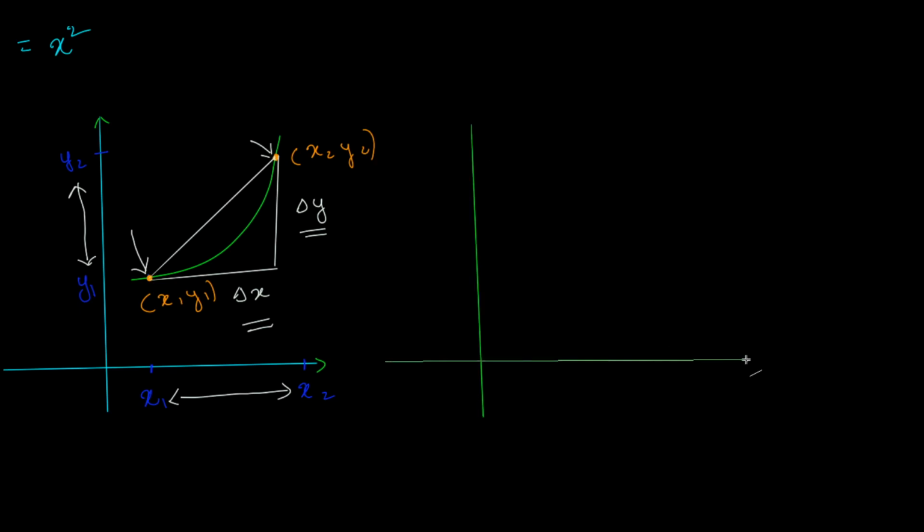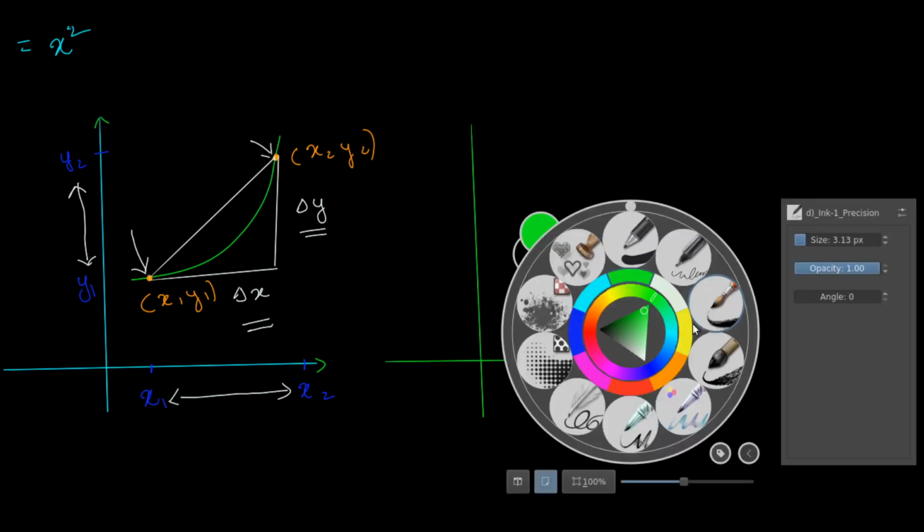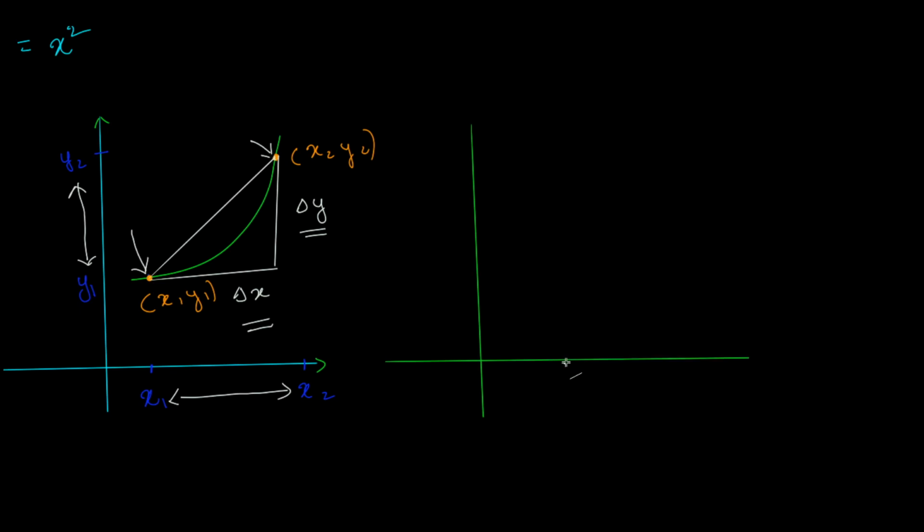So you have your x-axis and y-axis, and I'll try to draw the curve which is almost similar to that one, because I'm trying to explain the same curve. Yeah, let's go with this. Except this time I'll choose smaller values of x1 and x2.